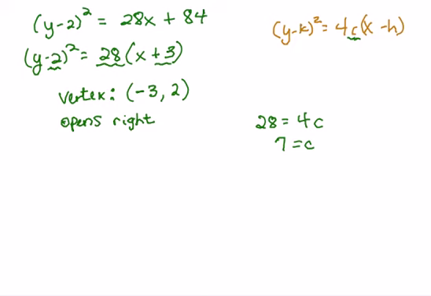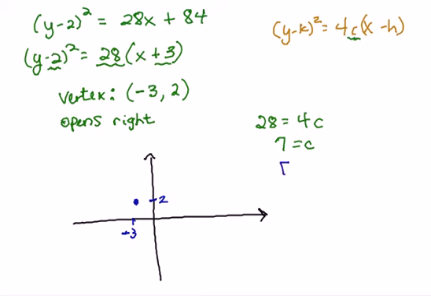So I'm just going to sketch a quick graph here. If we start with our vertex at -3, 2, I'm going to say that's about right here at -3, 2. And we know this is going to open to the right, so that means that my focus is going to be 7 units to the right of the vertex.